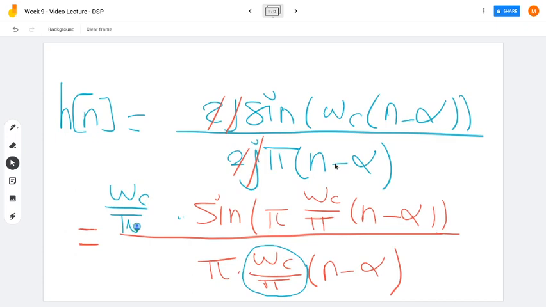This way, this will cancel out with this and we keep the expression as is. And basically this part will be the sinc function we have. So the impulse response will be omega c over pi sinc omega c over pi n minus alpha.